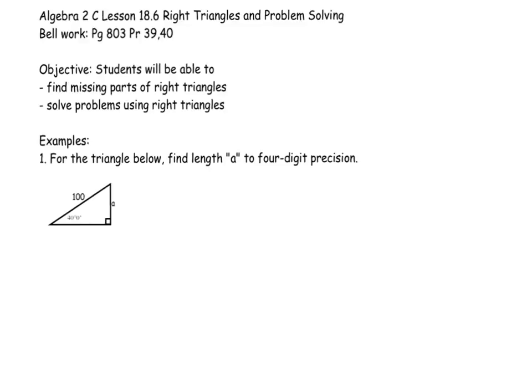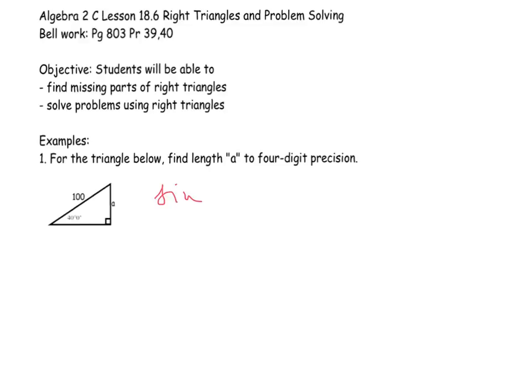So if I look at my first example, I have a right triangle which has a hypotenuse of 100 and an angle of 40 degrees, and the length of the leg opposite to the 40-degree angle is A. So I'm going to have to use a trigonometric ratio that is opposite over hypotenuse.